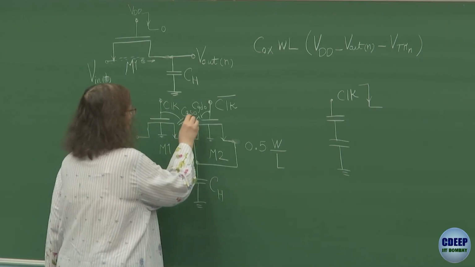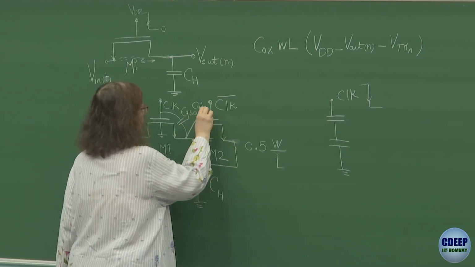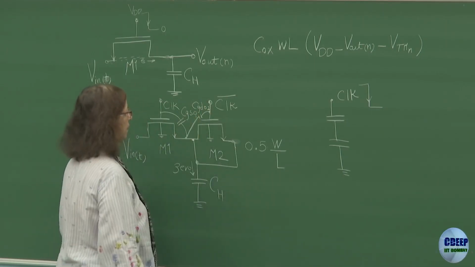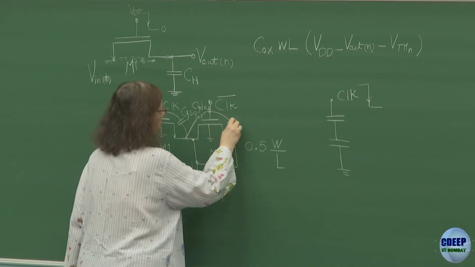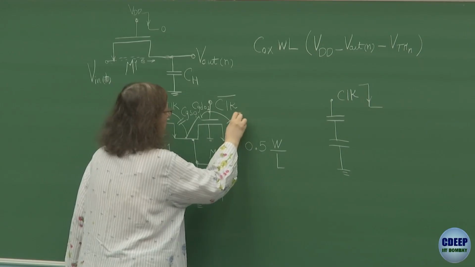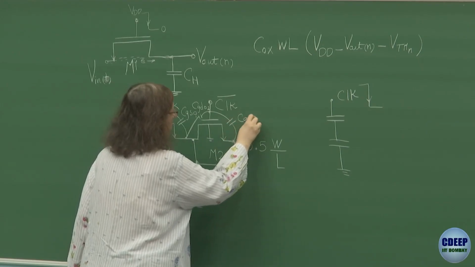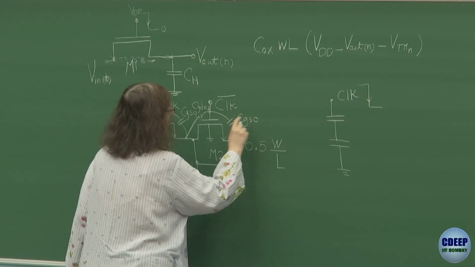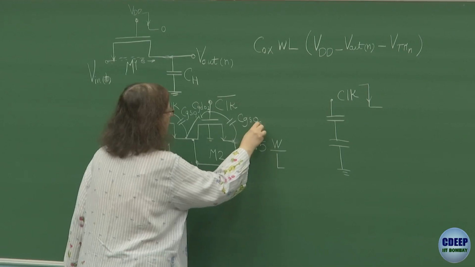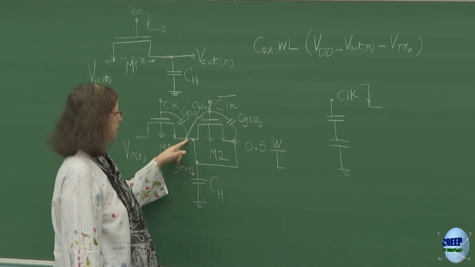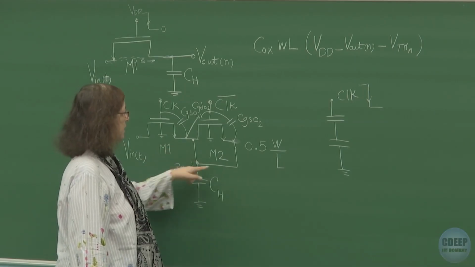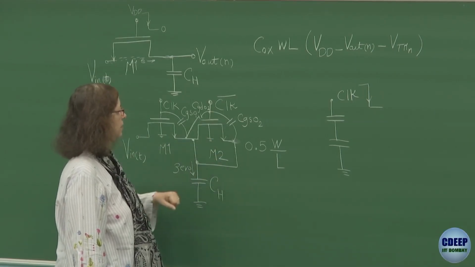So I call CGSO1 and CGDO2. So similarly, we have CGSO2, which is parallel now with CGDO2, because they are exactly having the same terminals. So drain and source are shorted and gate is the common terminal.